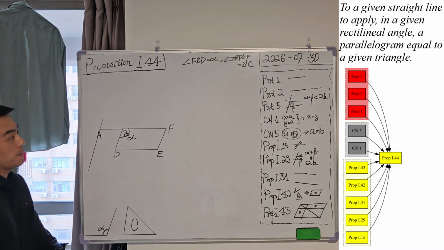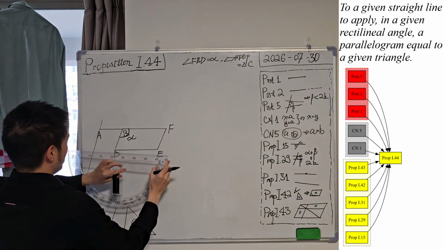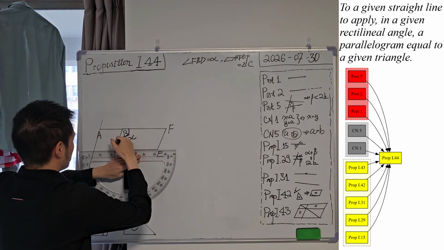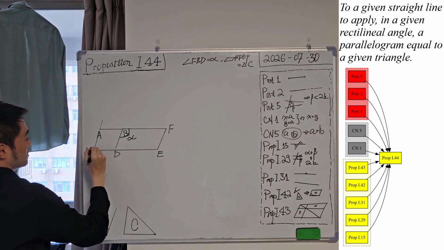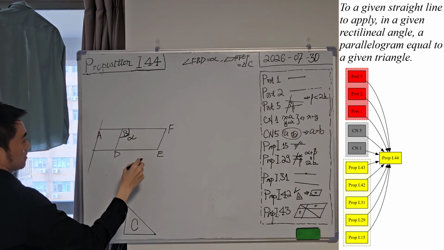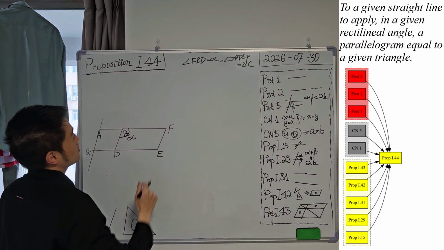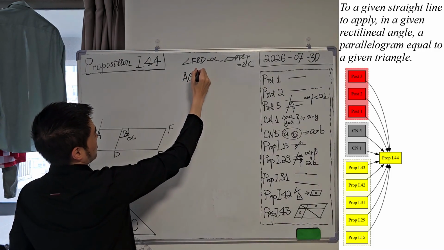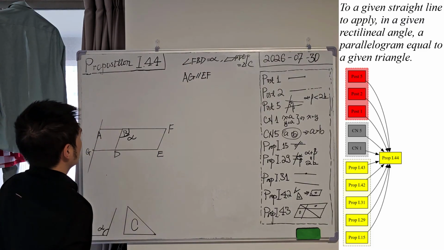And if we use postulate 2, we are able to produce ED to infinity. And let's produce it so that it meets this straight line at the point G. Okay. So we know that AG is parallel to EF, right?